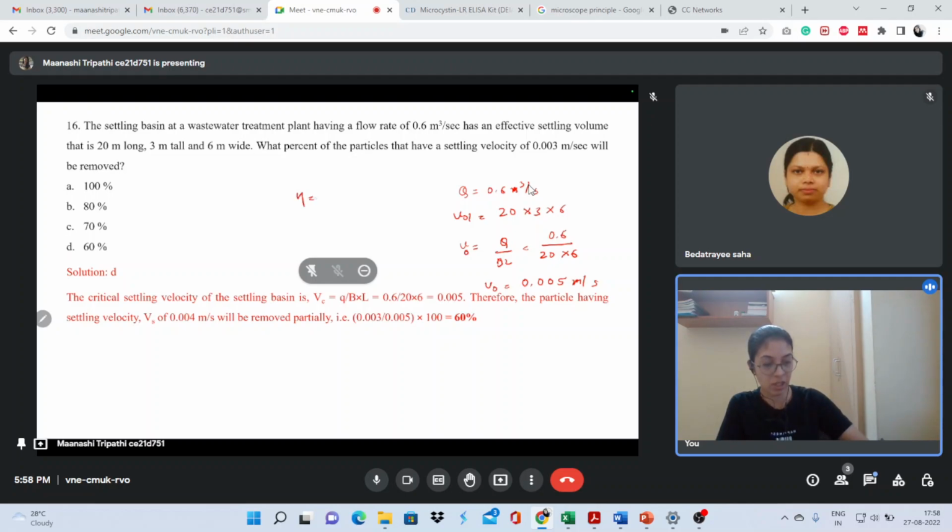Percentage efficiency is equal to settling velocity upon overflow velocity. 0.003 divided by 0.005, which comes out to be 0.6, in percentage 60%. So this is how we solve this problem. If the settling velocity is more than the overflow velocity, it means all the particles will be removed.